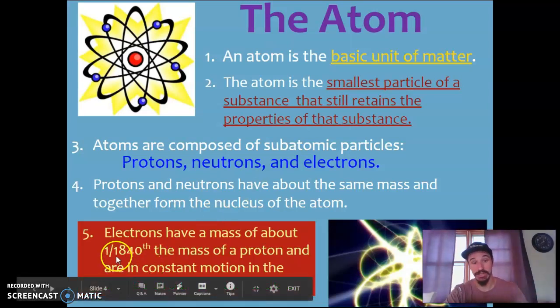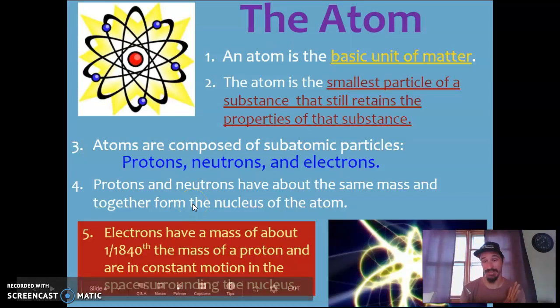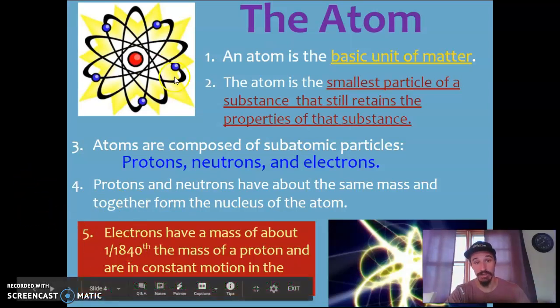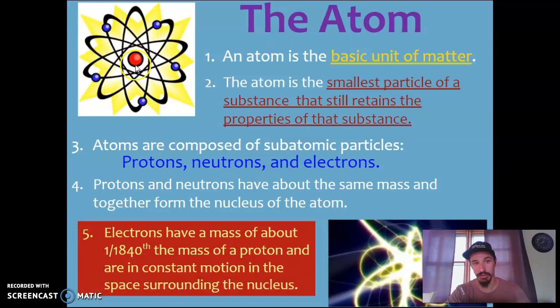In fact, as you can see here, their mass is about 1/1840th the mass of a proton or a neutron. And these electrons are the blue dots that look like they're orbiting around this central nucleus where the protons and neutrons are.